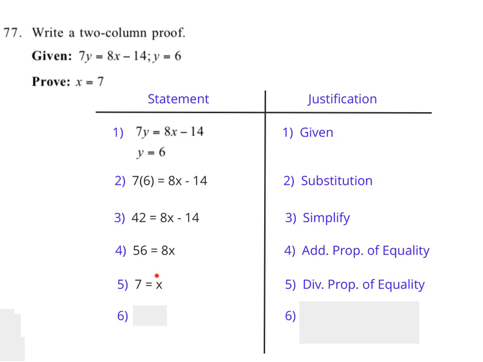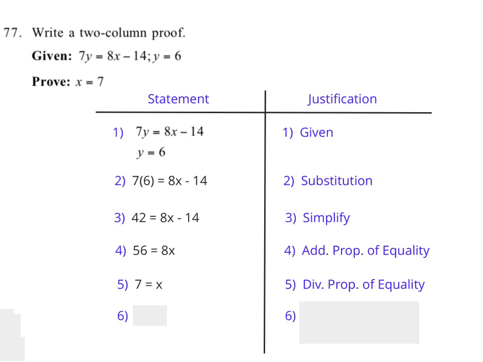Now watch this. This is really important. If we follow this down, and remember, I always tell you, don't just randomly switch the sides of where x is. If x is on the right side, keep it on the right side. Okay? So now they're asking us to prove that x equals 7, and we've got 7 equals x. It seems like that's the same thing, but really there's a rule that says we're allowed to switch sides and it stays equal.